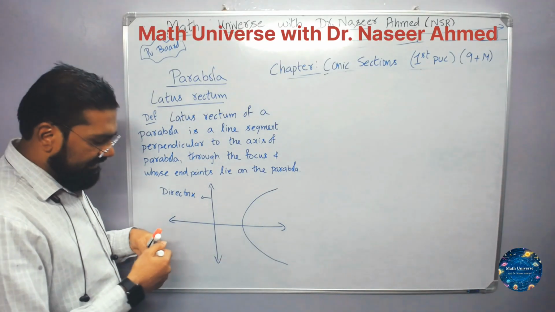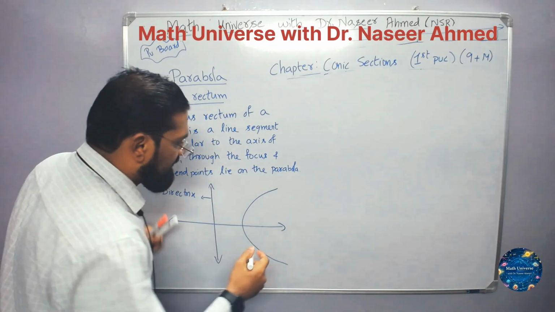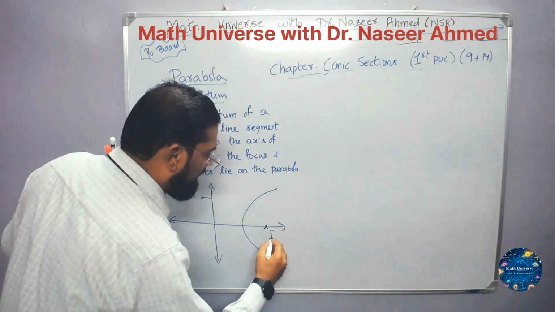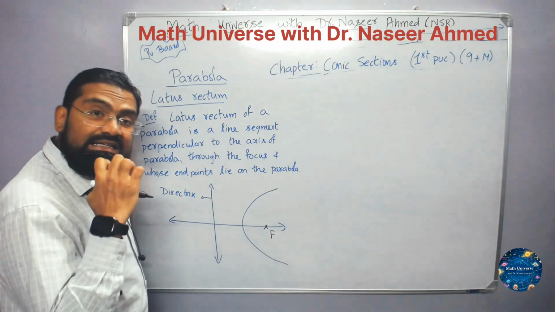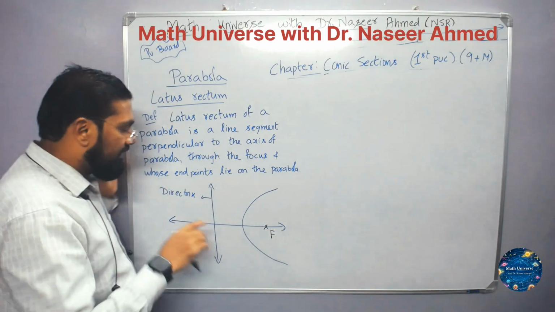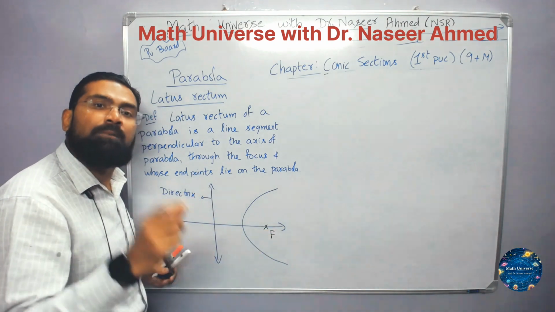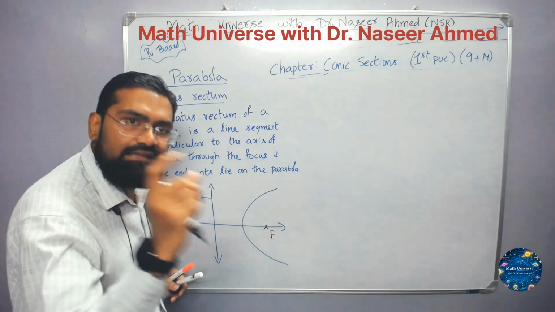Now, see carefully, what is latus rectum? First let us have a focus here, the fixed point. Latus rectum is a line segment. I am using the word line segment. Don't forget, any line is of infinite length. When I say line segment, it's a part of a line, a finite length.